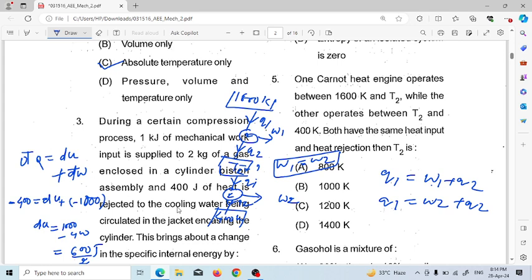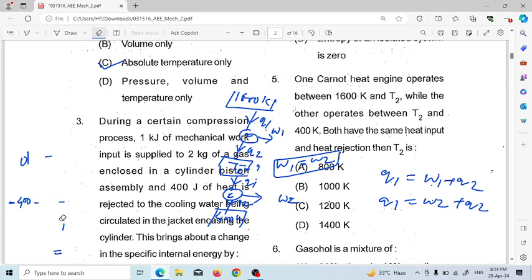Next we have to find, let's erase it. Efficiency we know is W divided by Q1.